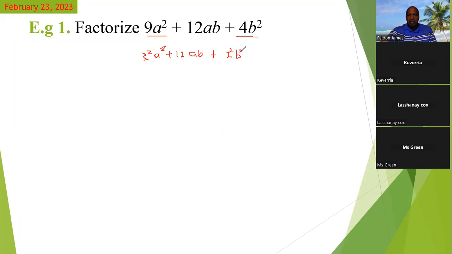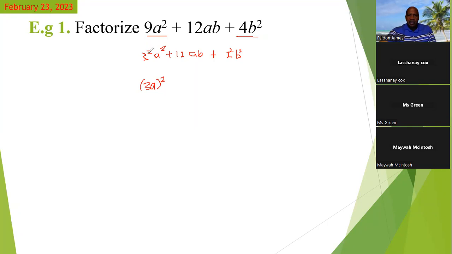Now, in order to simplify the first term and the last term, instead of just having 3 squared a squared, we could put the bases in brackets, which are the 3 and the a. Then we put a square outside, representing the two terms, the 3 and the a. So this signifies that they are both squared, right?